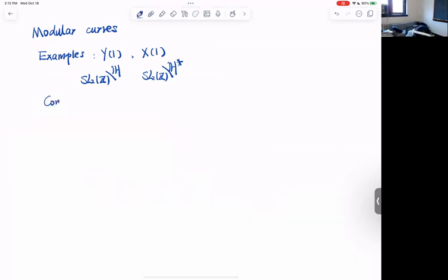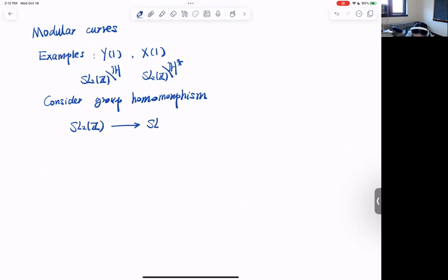Namely, consider the group homomorphism SL2(Z) mapping to SL2(Z/nZ), where n is a positive integer.